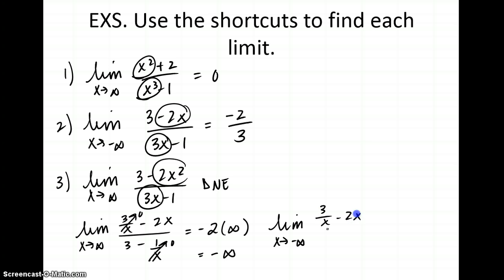If I approach negative infinity, using the simplified function, these approach 0, I would get -2 times some really, really negative number. So the end behavior there would actually increase without boundary. So your top-heavy case could potentially give you 2 different pieces of information about the behavior of the function. We can't just say it's always positive infinity or always negative infinity.